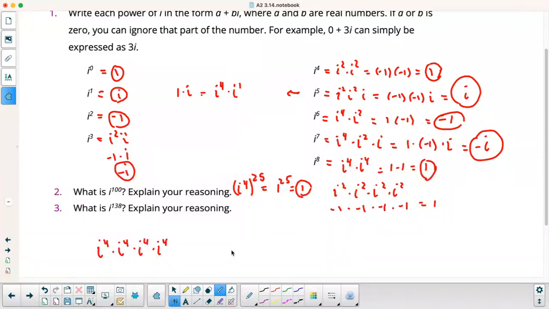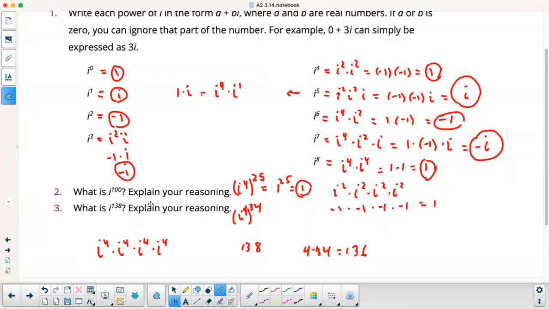So let's see here if I could do this one, kind of the same idea. I'm going to take the 138 and see how many times 4 goes into 138. Goes in 34 full times. So I'm going to say i to the fourth to the 34th, because if I multiply those, 4 times 34 gives me 136.